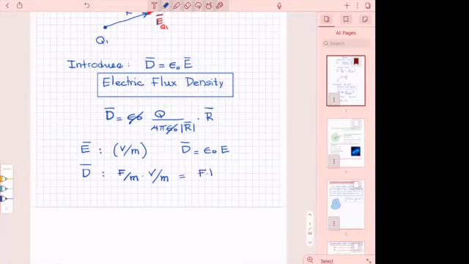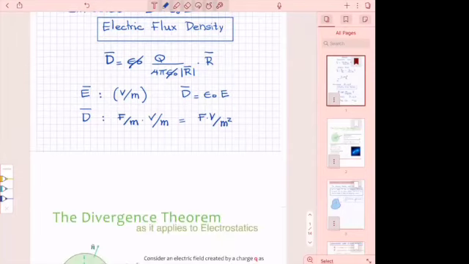Farads, volts, meter square. How much is farads times volts? Remember, farads is capacitance, volts is for voltage. Do you remember the relationship between capacitance, charge, and voltage?